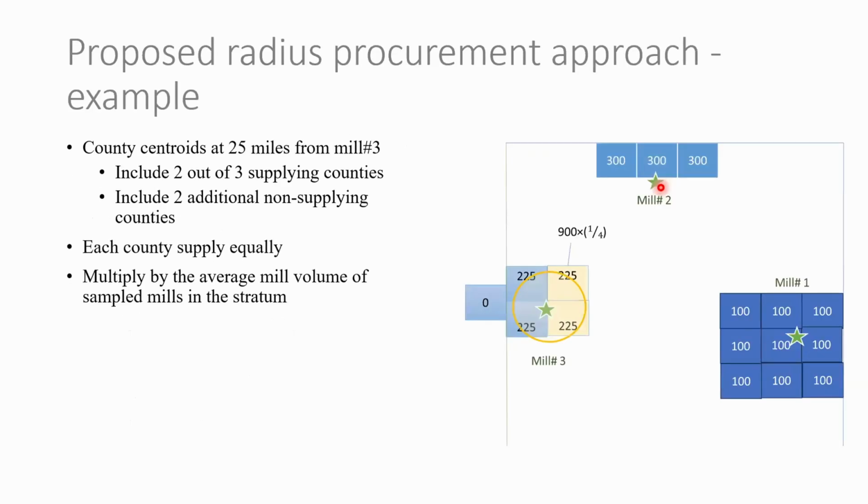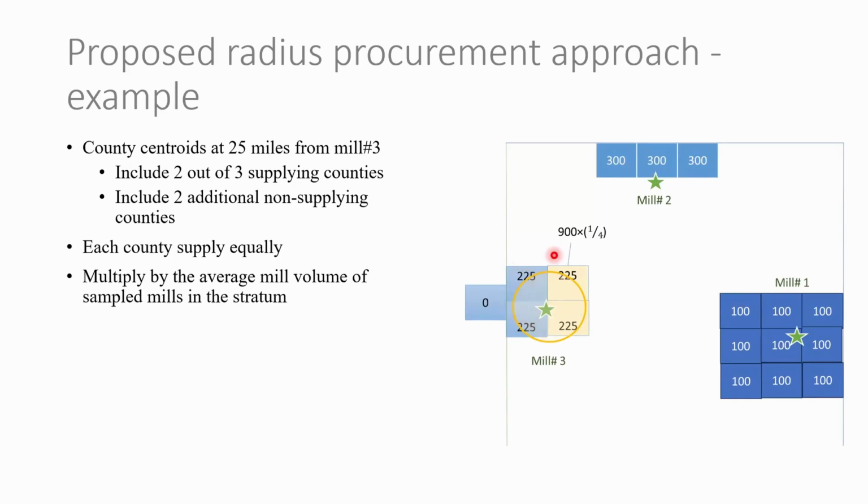This is an illustration here. So 25 miles from mill 3 would include 2 out of 3 supplying counties, but also 2 additional non-supplying counties, with the stratum volume allocated to the circle counties equally.